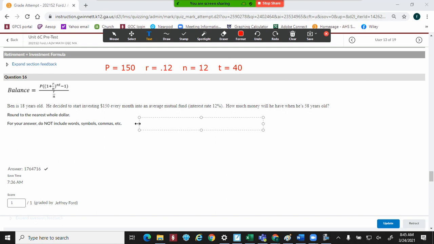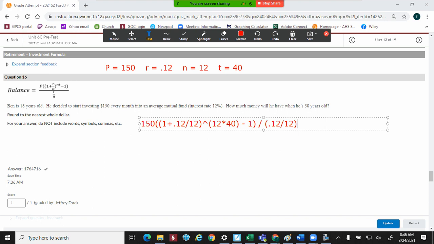So if you have a scientific calculator, all we're doing is plugging this in as it's written. 150 times the quantity (1 plus 0.12 divided by 12) to the power of 12 times 40, minus 1, close parenthesis. Now you can type this whole thing in your calculator if you use your parentheses. For the denominator, you have to put in parentheses 0.12 divided by 12.